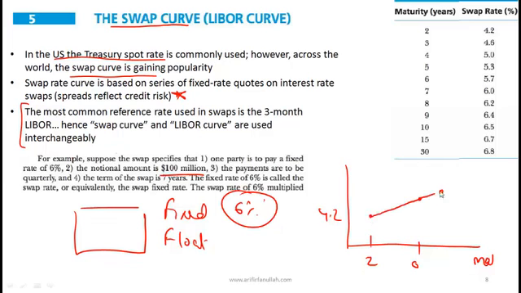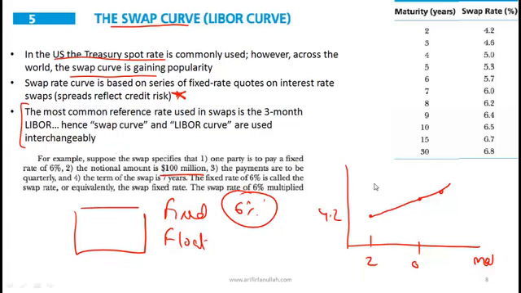So when you plot these points, which give you the maturity of different swaps and the fixed rate, which is the swap rate, what do you get? This is the swap curve. Why is the swap curve often called the LIBOR curve? Because mostly the variable rate or the floating rate is the 3-month LIBOR.